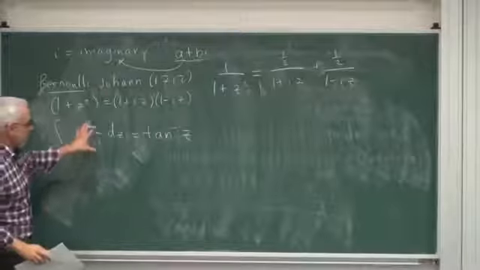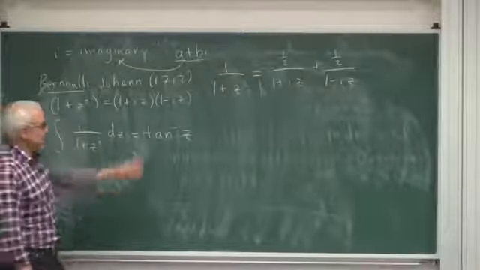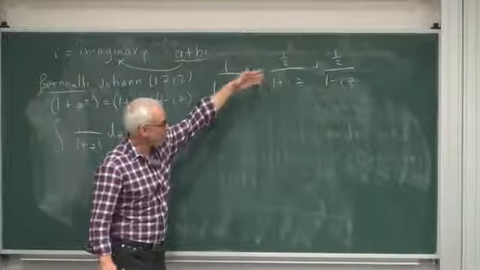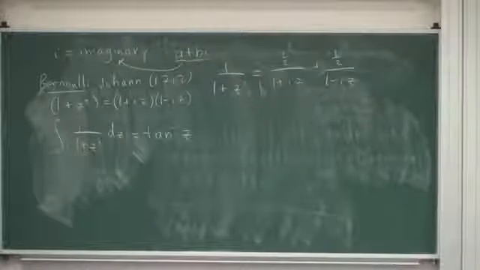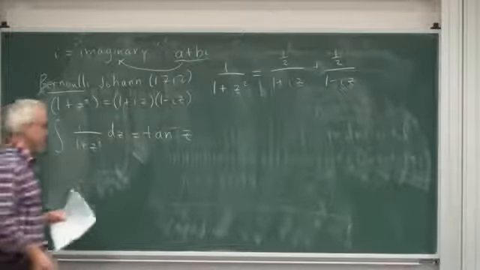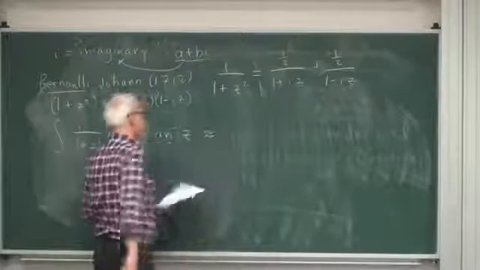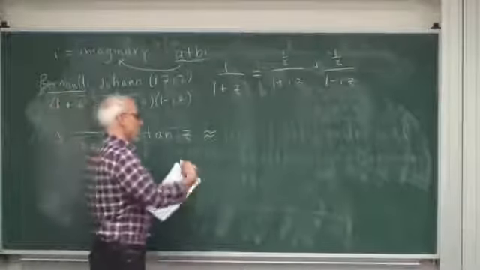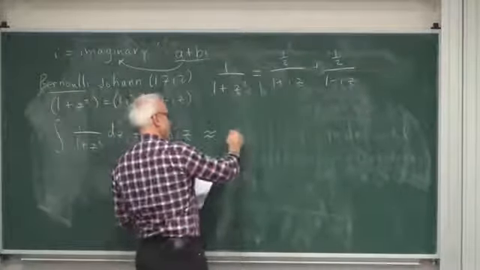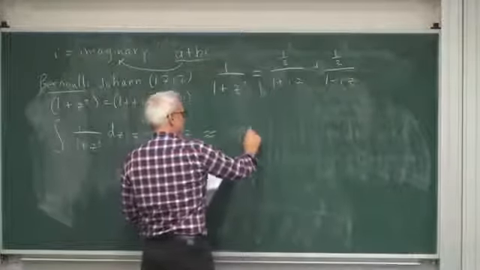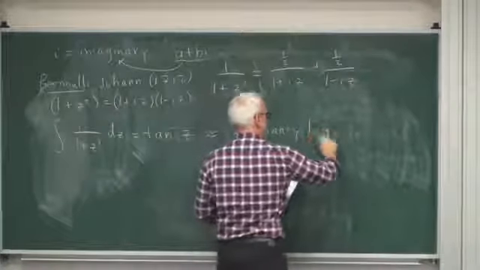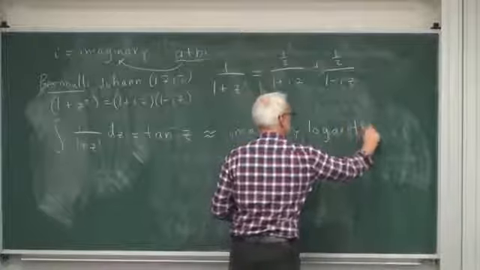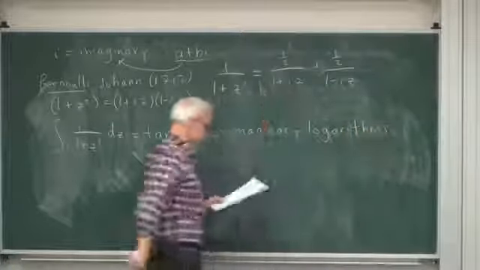Then, according to this formula, the integral of something like 1 over 1 plus iz was some kind of logarithm involving an imaginary number. So the arctan function, Bernoulli realized, is somehow connected with some imaginary logarithms, through this formula.